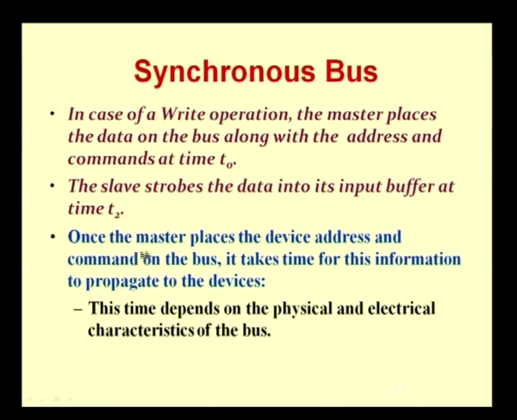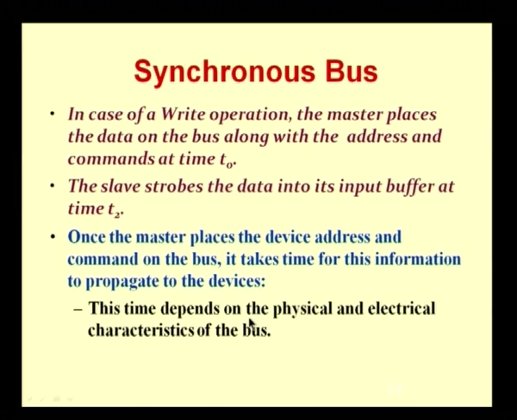Now, once the master places the device address and the command on the bus, we see that there is a large time between t0 and t2. Why do we have this time? It is because it takes time for the information to propagate to the devices. Remember that the bus is actually a physical connection, a set of wires.